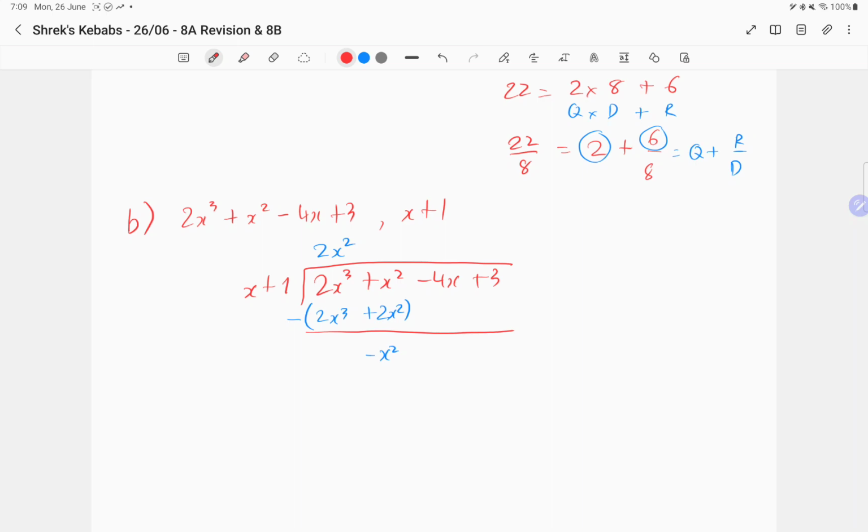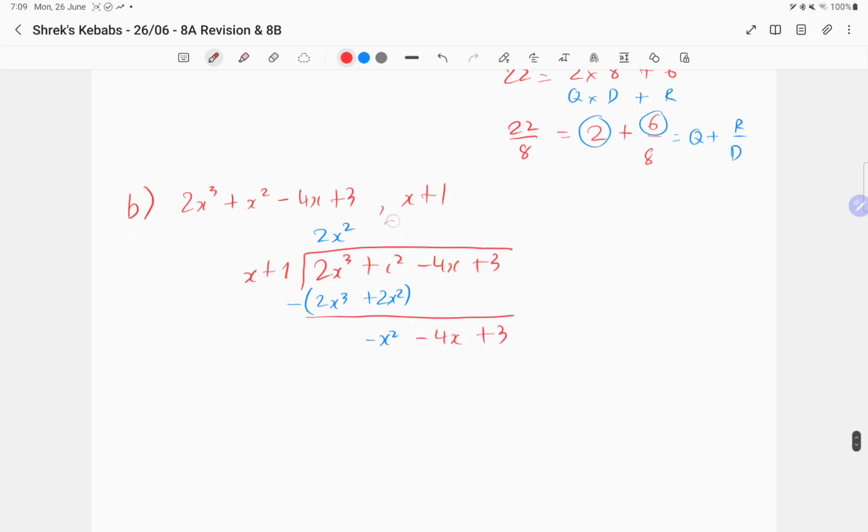I have a question. Why'd you write negative x squared there? Because if it's x squared minus 4x plus 3, 2x squared, I've gotten negative x at that point, but I just don't know where to go. Now you've got to find the next number that when you multiply, you get the same as this.